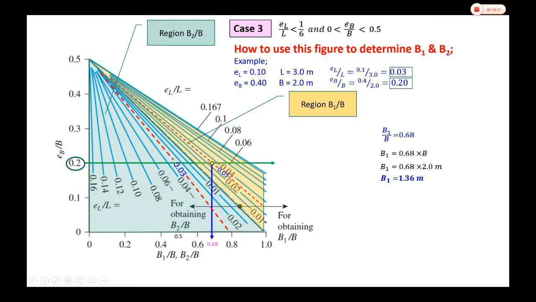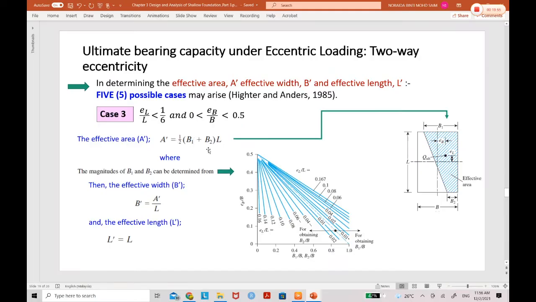Look at the intersection point, going down and reading through, we have 0.47 for the ratio of B2 over B. You solve this ratio and you will get that B2 is 0.94. Once you have B1 and B2, you can calculate the area and use that area to get B prime by using this equation, and also you can get L prime. So that is for case number 3.